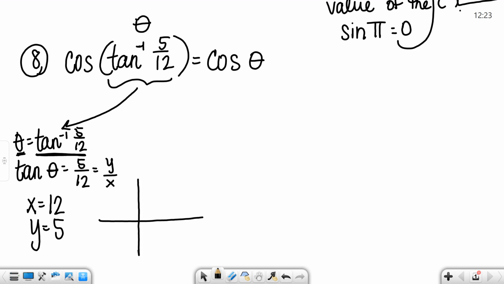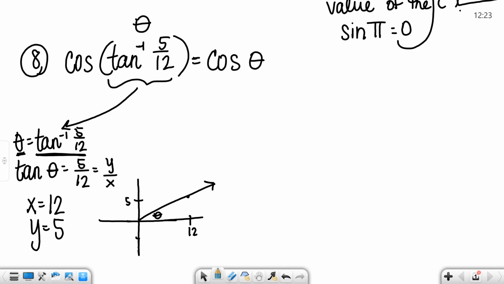Let me draw that. If x is 12 and y is 5, then I am about right here. I'm not sure why I drew it in the fourth quadrant. That would be negative 5. Okay, x is 12. Let's say 12 is here and 5 is here. So here would be my theta.